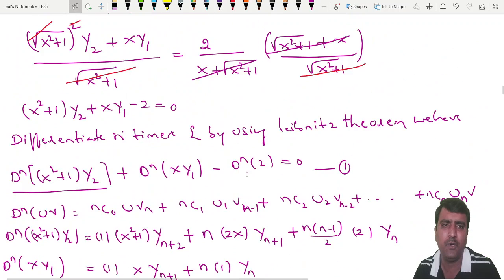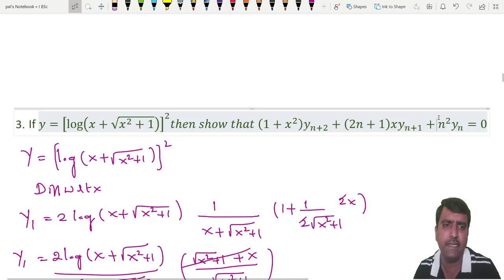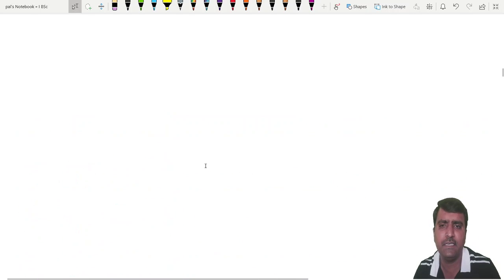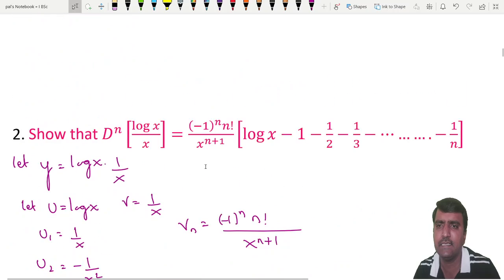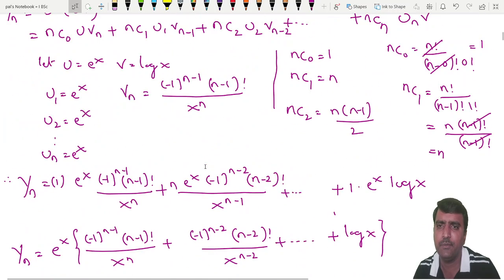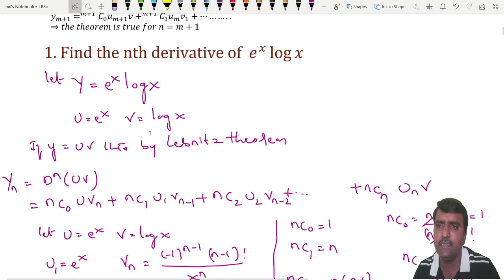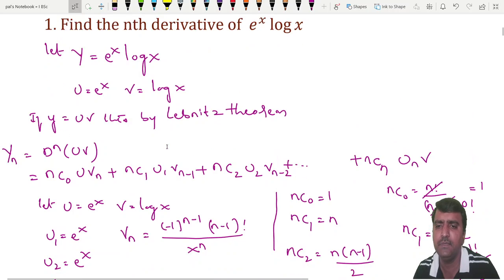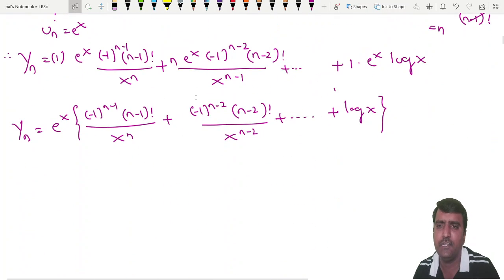So some small mistake like this, if you are making small mistakes, you correct yourself because it is very silly. In the last class I discussed a problem, y is equal to e to the x log x. In the last step, I don't know why, I forgot to write n here.